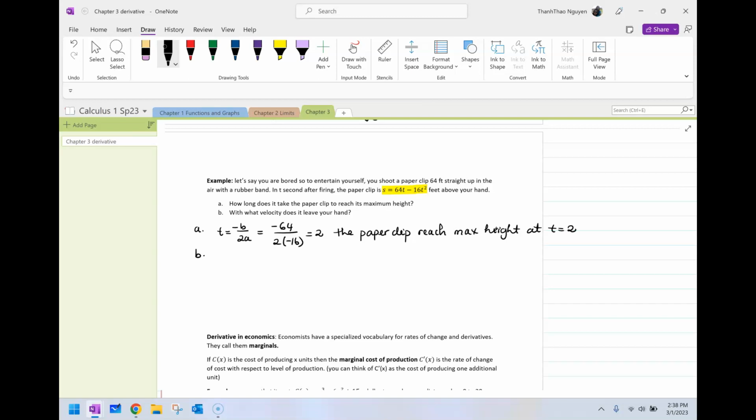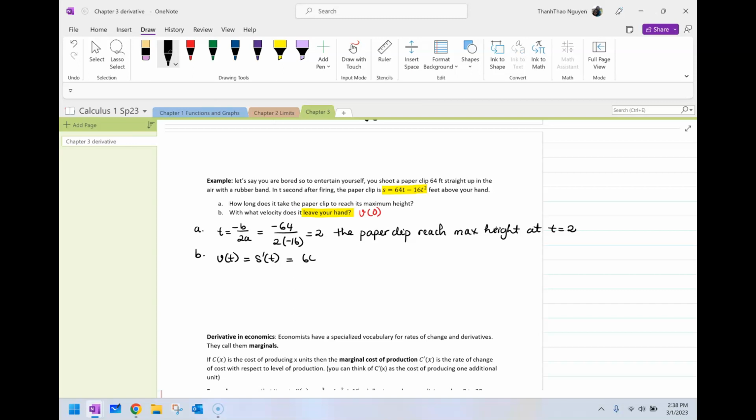With what velocity does it leave your hand? This is asking for the instantaneous velocity when t equals 0. It's asking for v of 0. But at the exact moment, what is the velocity? So v of t is equal to s prime of t.